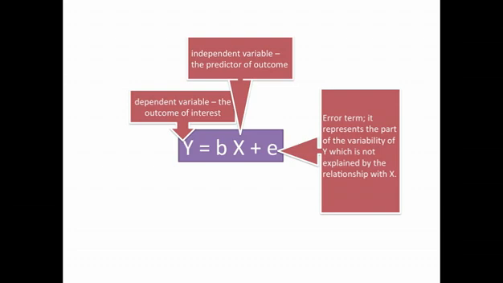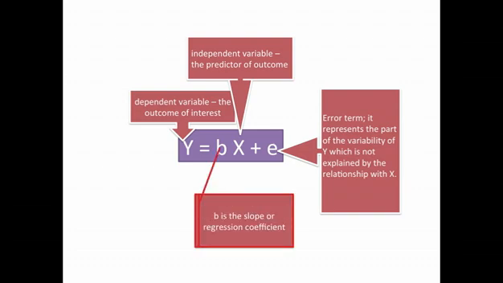This is the variation in y that is unexplained by the variations in x. This is sometimes termed as the noise. The value b is the factor by which y will change for every unit of change in x. This is called the regression coefficient. In some sense, this is similar to the correlation coefficient we saw earlier.